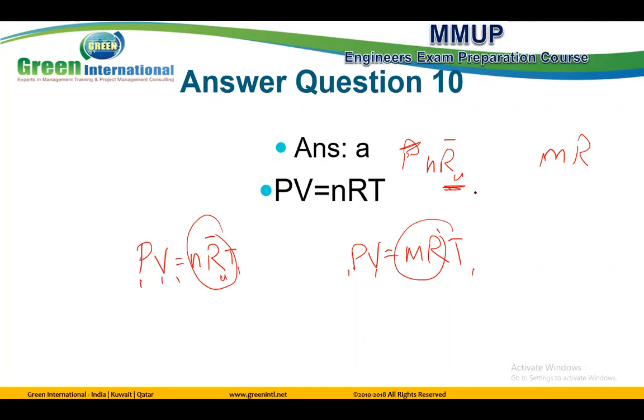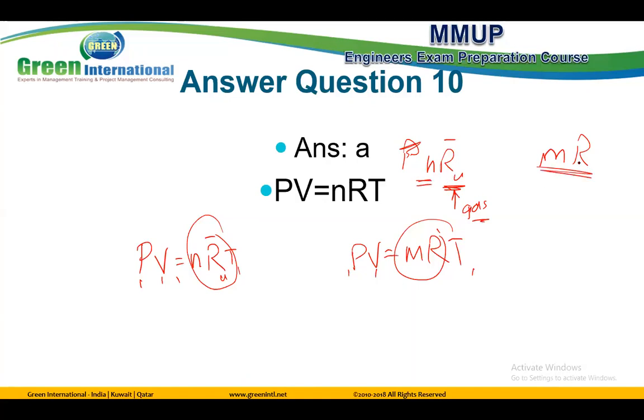This R is called R universal. It is one value applicable for all gases. If you know this value, is it applicable to CO2 with the same value, air the same, nitrogen the same? All gases we can use with this R with the same value, and this n represents the number of moles.